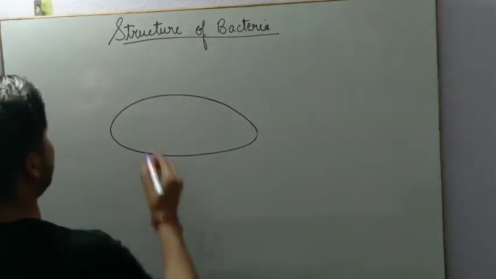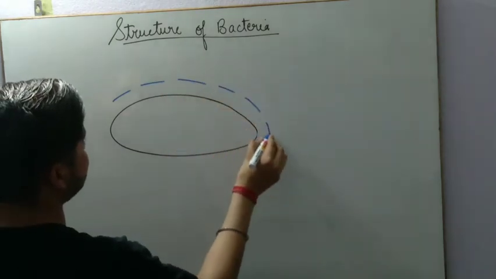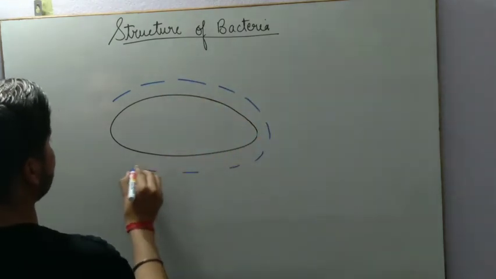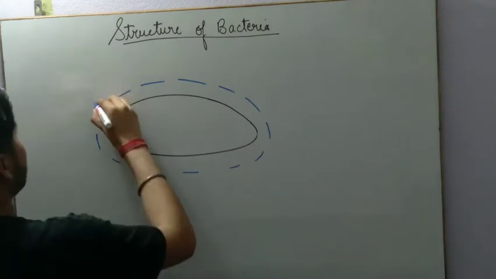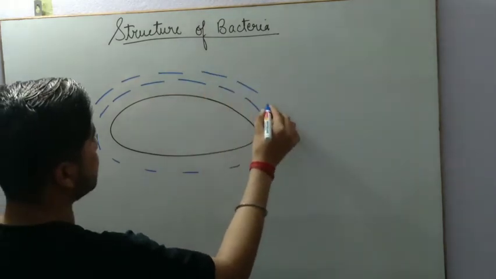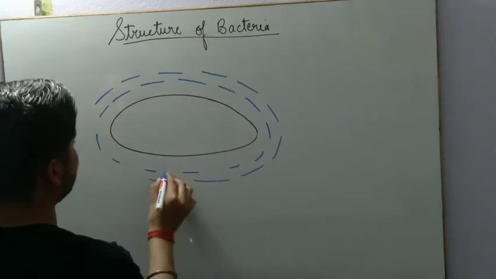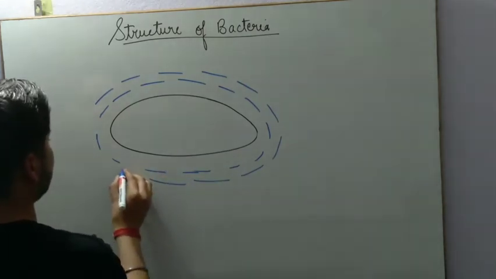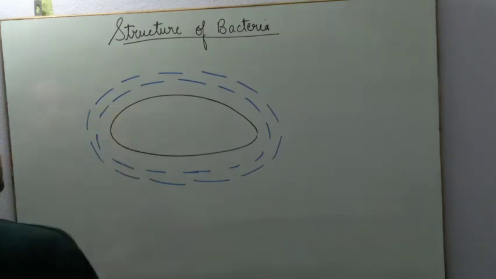There is also one layer outside this membrane, and what is it called? It is called the cell wall.